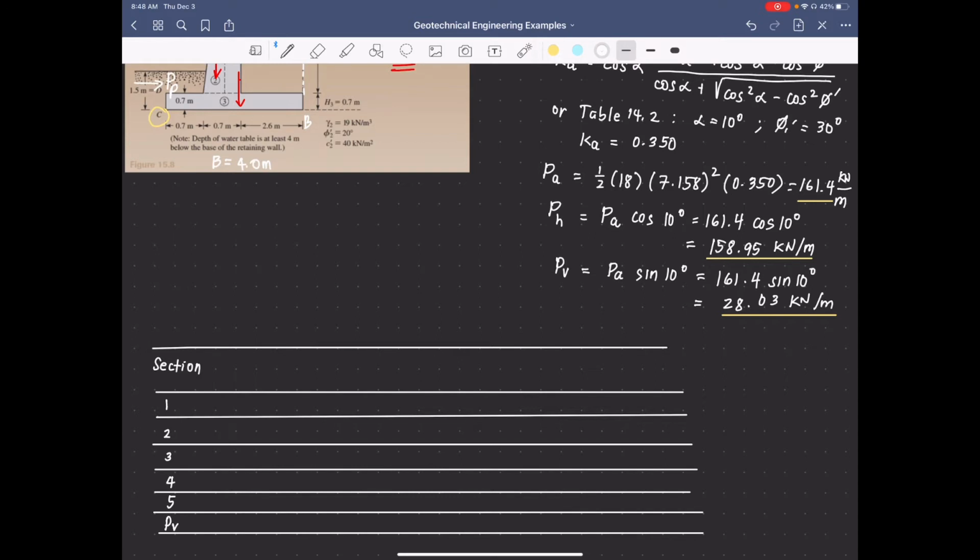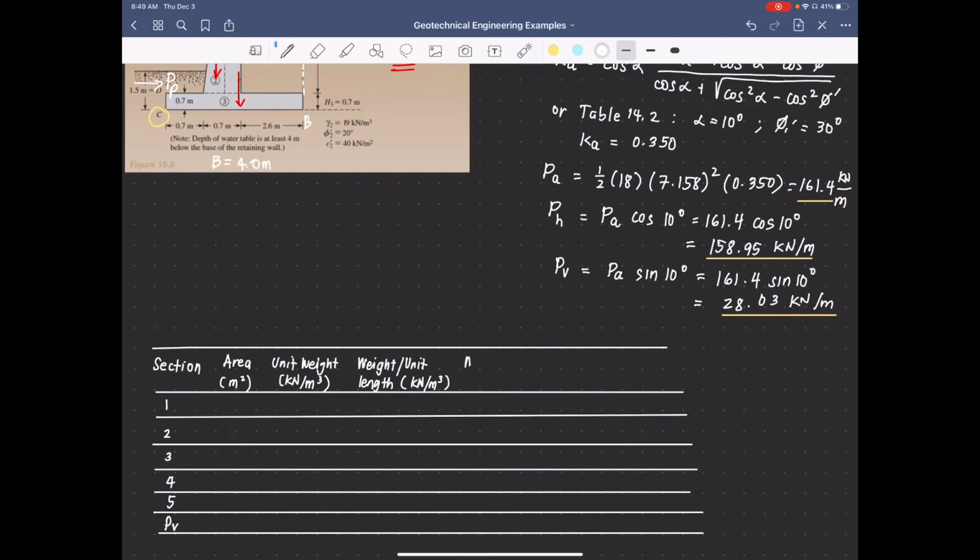Then we can write the area in square meter, the unit weight in kilonewton per cubic meter, and the weight per unit length in kilonewton per meter.